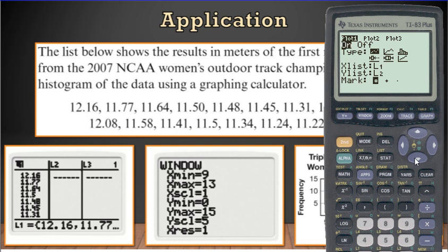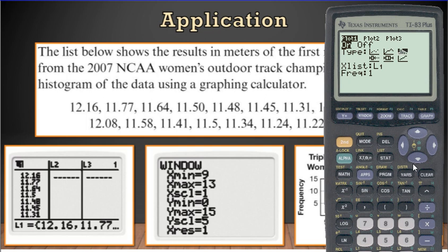So if I go down, and we need to go over to this last one right here where you see our bars, that's the one that we want to choose. And then let's hit enter. And then from that point, it says the settings for the X list should be L1 and the frequency should be 1.